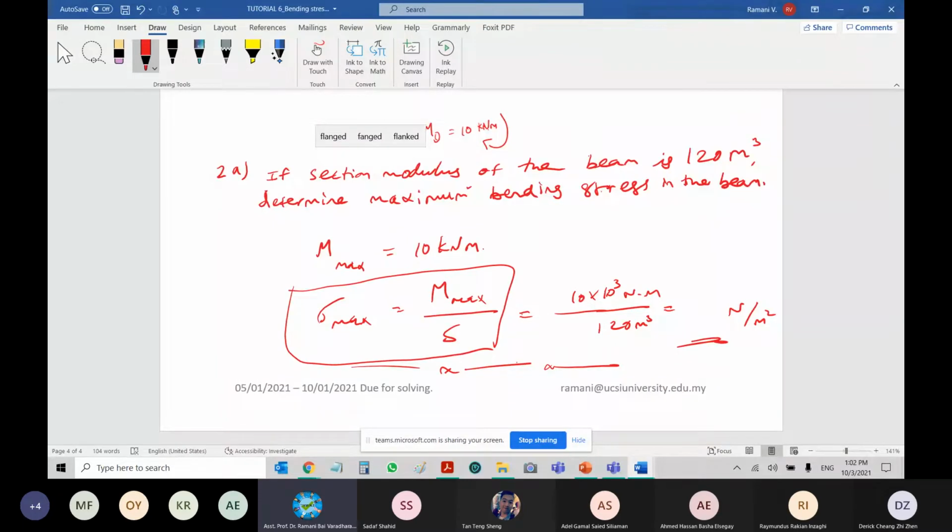Sigma max equals M max over the section modulus, because it's acting maximum, use the corresponding max. If it is at some distance, just put sigma only, and then you find the moment at that point for that beam, right? So you are given the maximum moment, so substitute the maximum moment for the member, and then the corresponding section modulus. So direct substitution of moment over section modulus will give you the value.